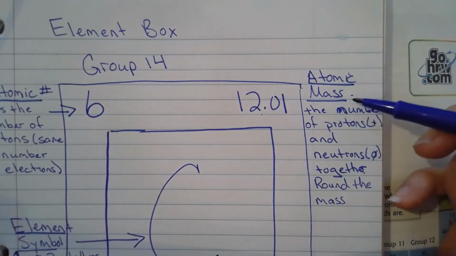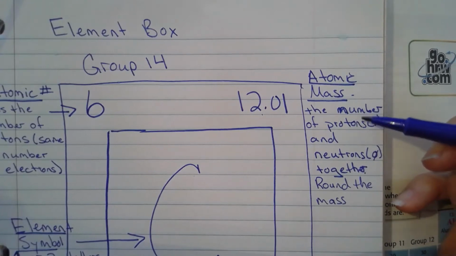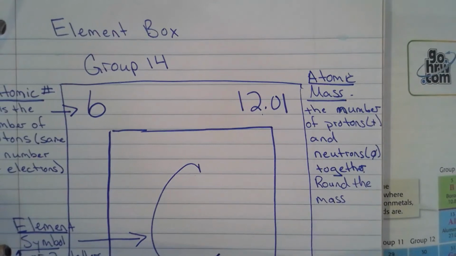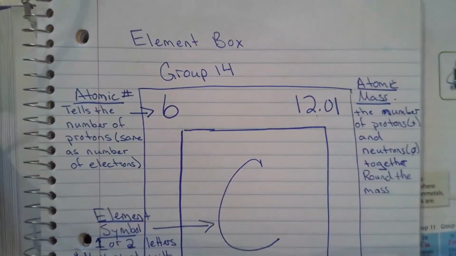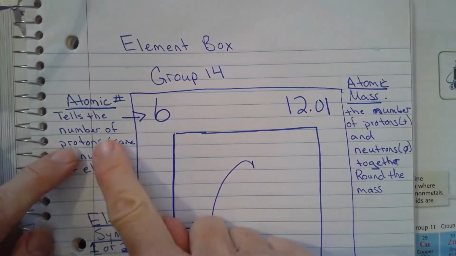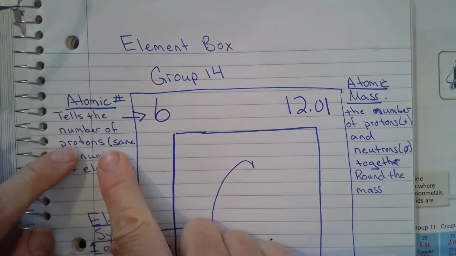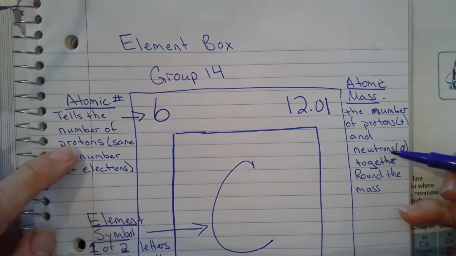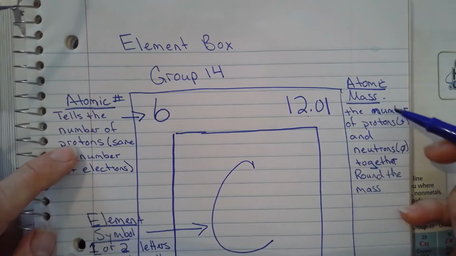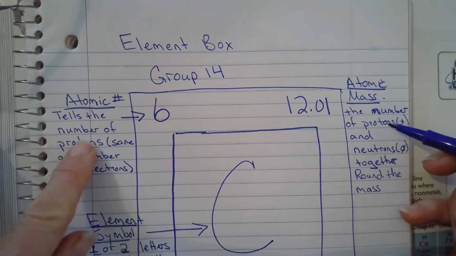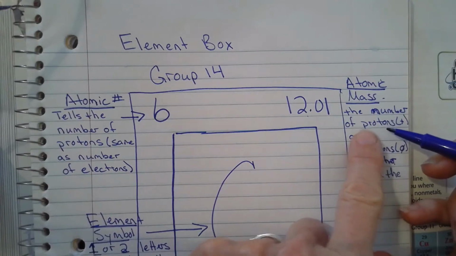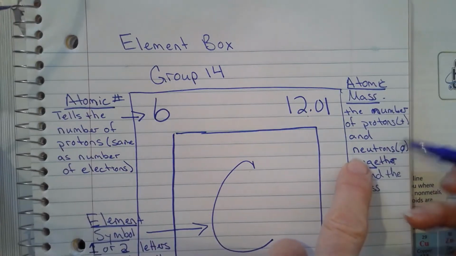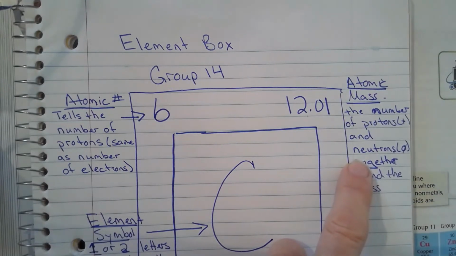So if the atomic mass is the number of protons and the number of neutrons, and I know my number of protons because it's my atomic number, if I wanted to figure out my neutrons, I could just subtract my protons from this number, and it would tell me how many neutrons I have. We'll get to that more later.